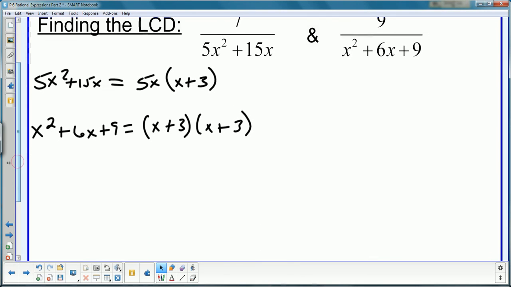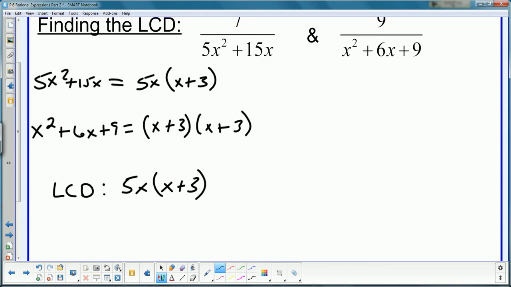So for our lowest common denominator, we factored each one completely. We list all the factors of our first denominator, so 5x and x plus 3, and then all the distinct factors of our second one. Now this is where it can get a little tricky, because we see one x plus 3 in there, but we don't have two x plus 3s. One is already there because it's right here.